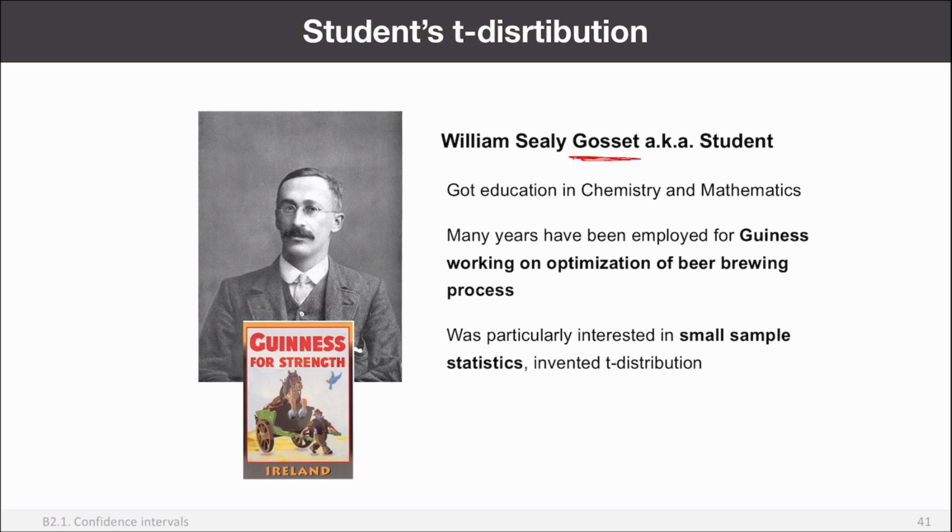So he designed this distribution which aims at approximating normal distribution for small sample size. However, he published all his scientific papers using the pseudonym Student, and therefore we know this distribution as Student's t-distribution, not Gosset's t-distribution.